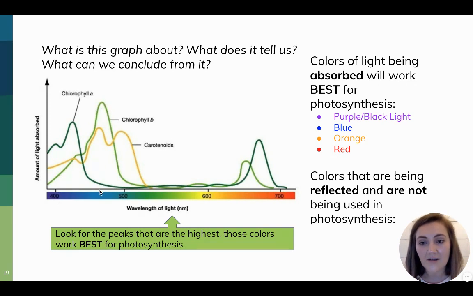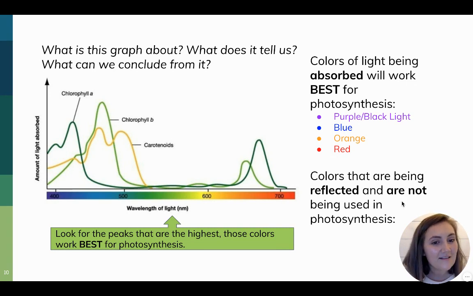Chlorophyll B actually absorbs the most blue wavelength light. And then orange, if you look over here with chlorophyll B, it peaks a little bit above that orange wavelength. And lastly, we have chlorophyll A again, peaking right in the red. So these are the four best colors to use for photosynthesis, in terms of plants making the most glucose.